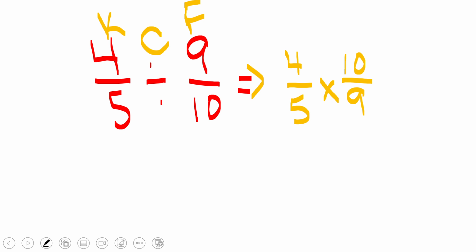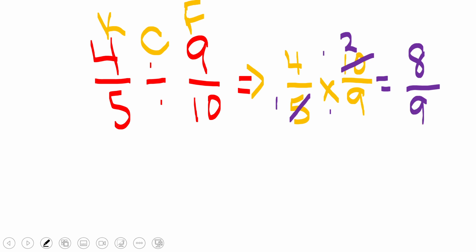Okay, so 5 and 10 cross cancel. 5 goes into itself once, 5 goes into 10 twice, and now we have our new work to work with. 4 times 2 is 8, 1 times 9 is 9, 8 ninths in the positive.